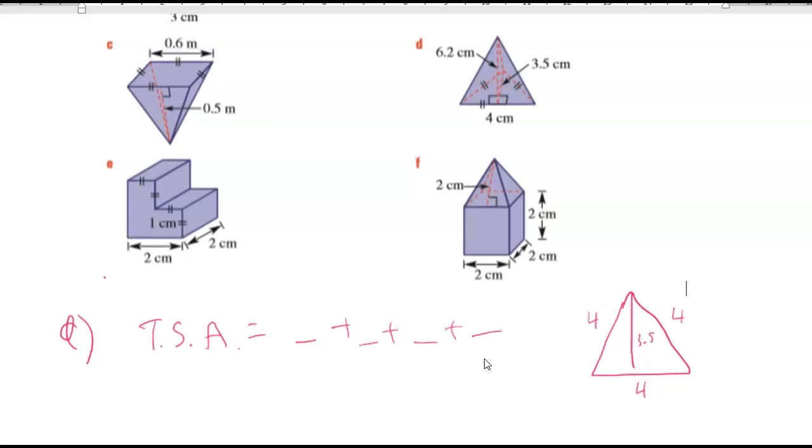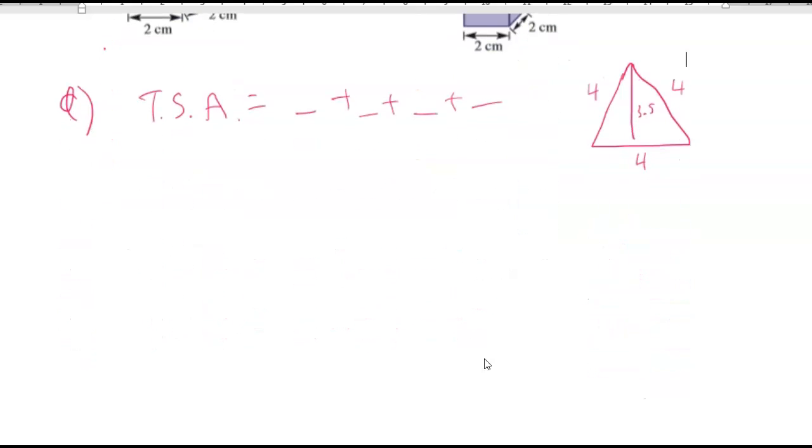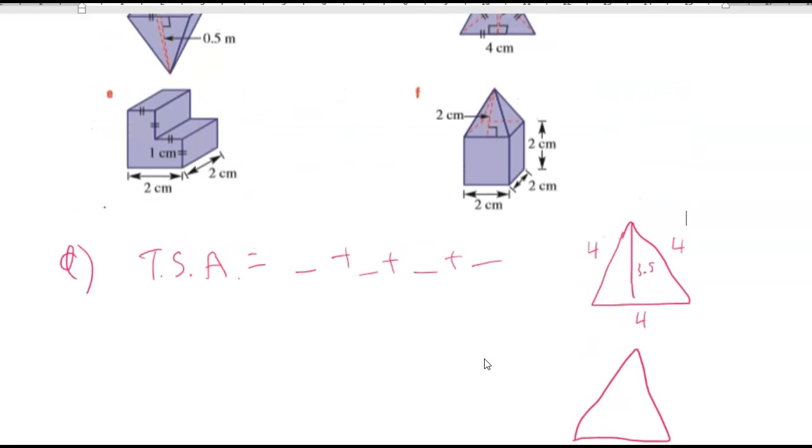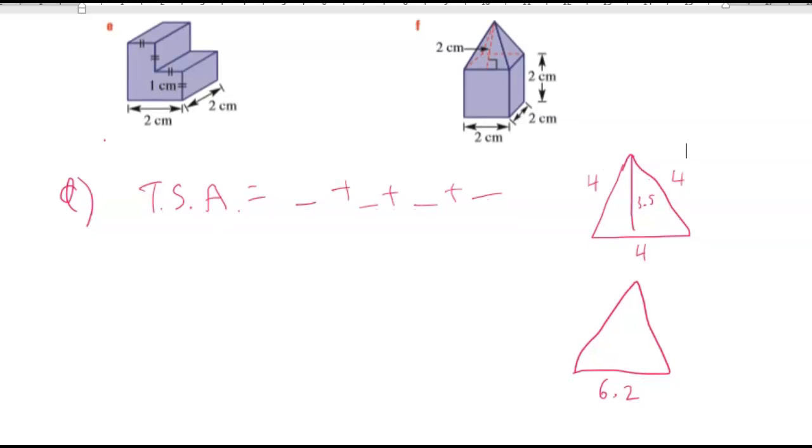Okay, and then your base height is 6.2. Oh, it's a terrible triangle. So 6.2. And no, that's the height, sorry. Let me just delete that. It's hard when you don't have the diagram right in front of you.